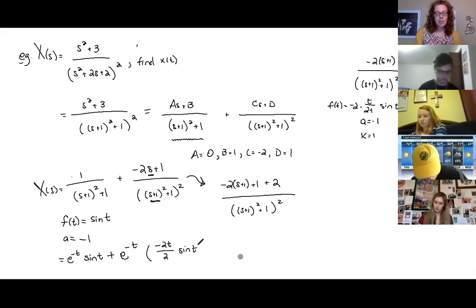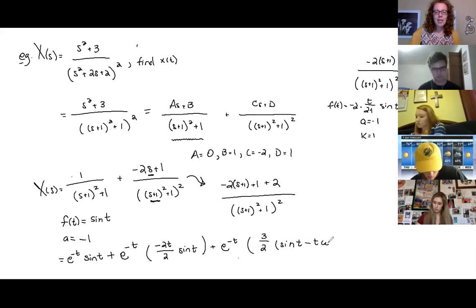You could absolutely do some simplifying and cancel that if you wanted to. You could totally simplify there if you wanted to. Plus e to the negative t, here's my mess, 3/2 times sine of t minus t cosine of t.